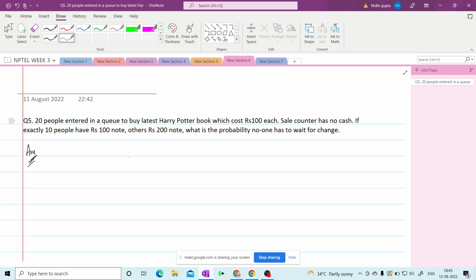So what do we have to do? We have to arrange 20 people in such a manner that the sale counter does not require change.